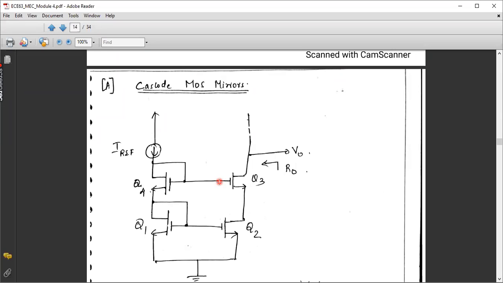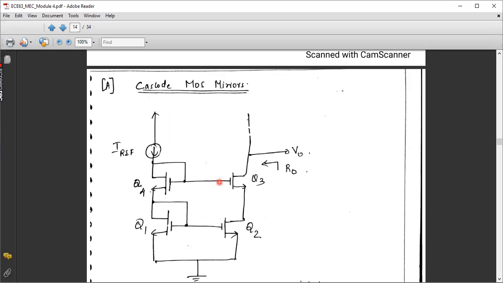And in the last class, we have learned what is the effect of output voltage on the output current, right? And accordingly, we have done a numerical problem also. Then we have come up with the current steering circuits, in which we make use of three current mirror circuits, and then we have gone for the equations for I3, I5, I2, and all in terms of I reference. And also we have seen how we can maintain the saturation of all those transistors in the current steering circuits.